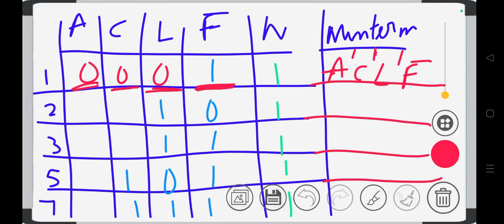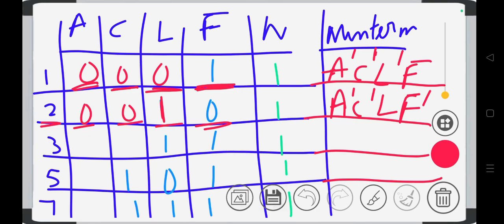In minterms, the default value is 1. Similarly, let us go to the next term, number 2. A is 0, so it has to be a's complement. C is 0, so it has to be c's complement. L is 1, so it has to be normal L. And this is 0, so it has to be f complement. Only L is 1, so it's just L, no complement.